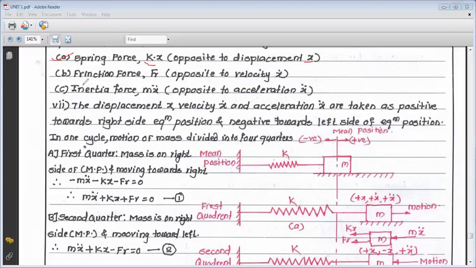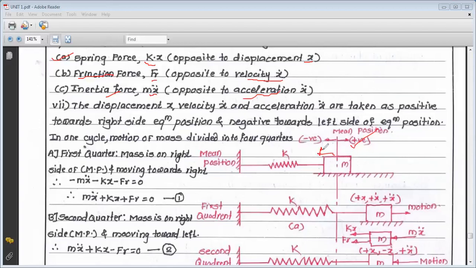Similarly, the frictional force Fr is opposite to the motion or velocity x dot. Similarly, the inertia force is m x double dot, opposite to acceleration. The displacement x, velocity x dot, and acceleration x double dot are taken as positive towards the right hand side of the equilibrium position or mean position, and negative towards the left hand side.